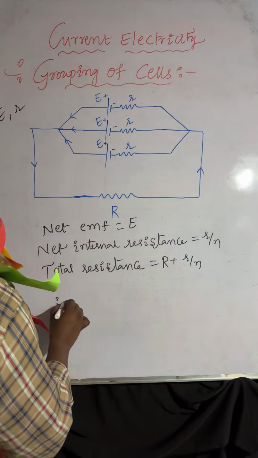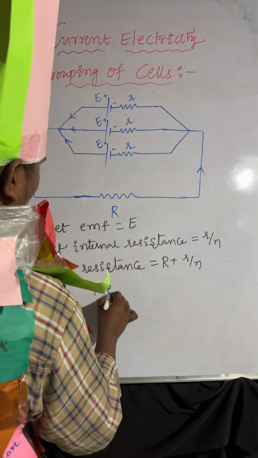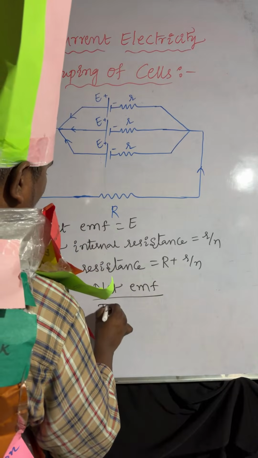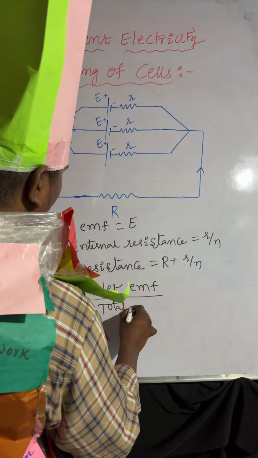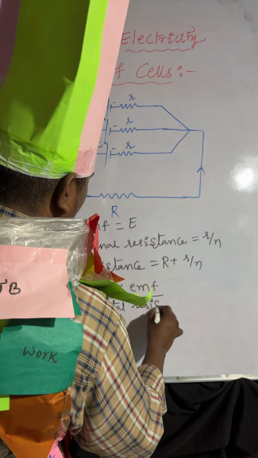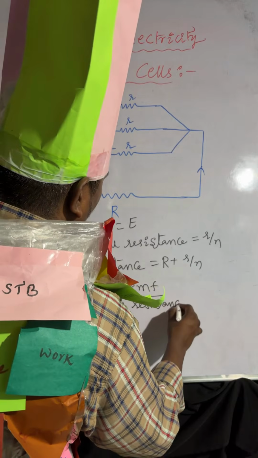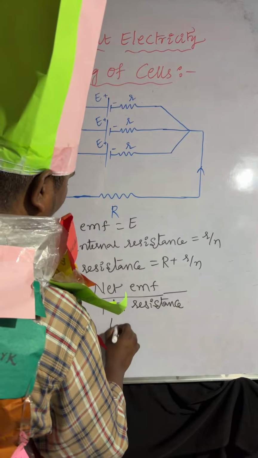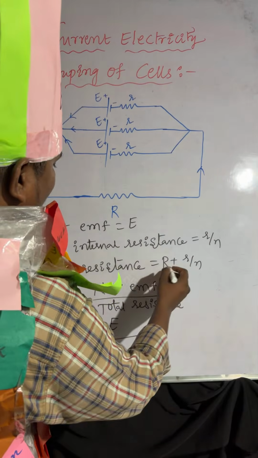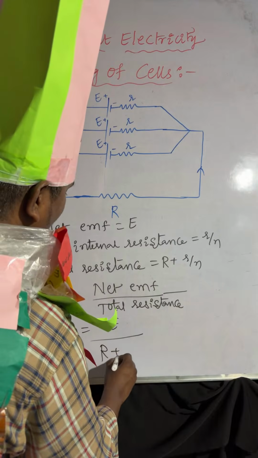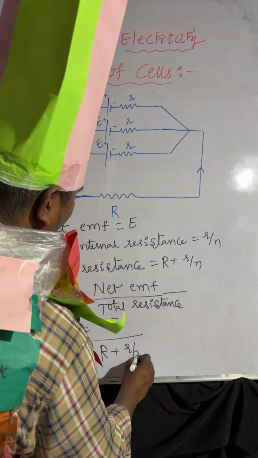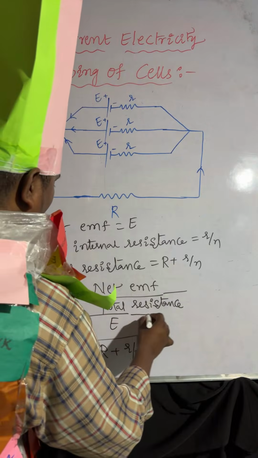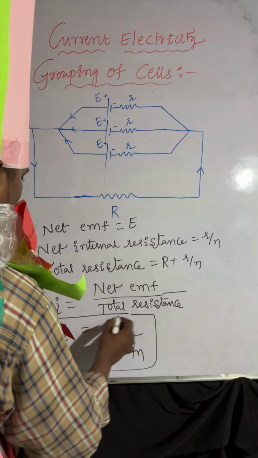Now I equals net EMF by total resistance. Net EMF is nothing but E, and total resistance is nothing but R plus R by N. That is the current.